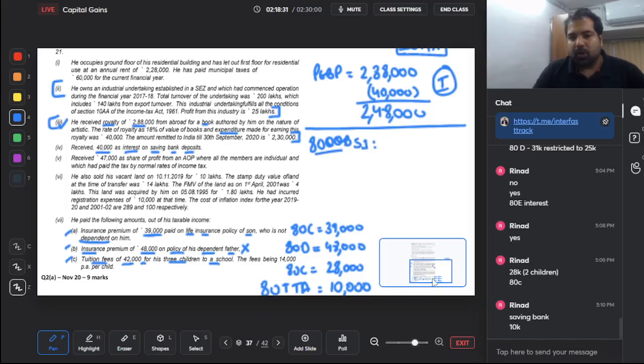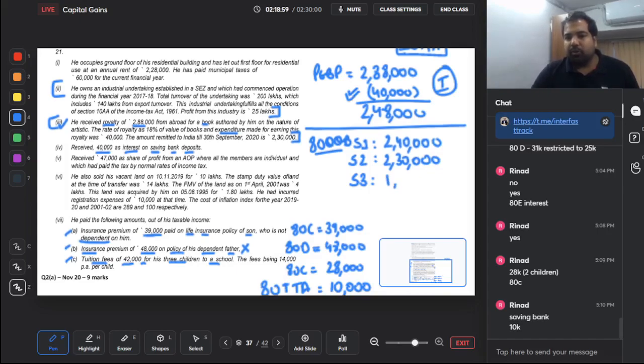Step 1: it should be maximum 15%. 2,88,000 is 18%, so what is 15%? 2,40,000. Step 2: how much of this is brought into India? The amount remitted to India is only 2,30,000. So which is less? 2,30,000. Step 3: how much deduction have you already taken? 40,000, that will not be given again.